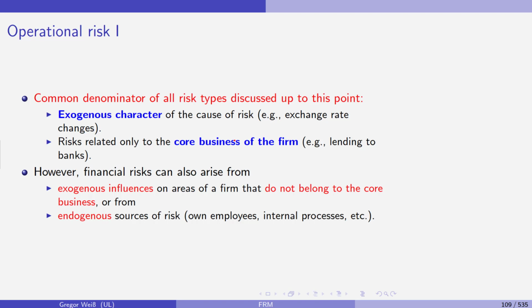For example, we could have an IT problem or a power shortage in our call center. Now, the call center, the service center, is not so important to us. It should not be a problem to operate our business without the call center for a day or two, but at some point it will affect our profits. So this is a non-core area of our financial institution.